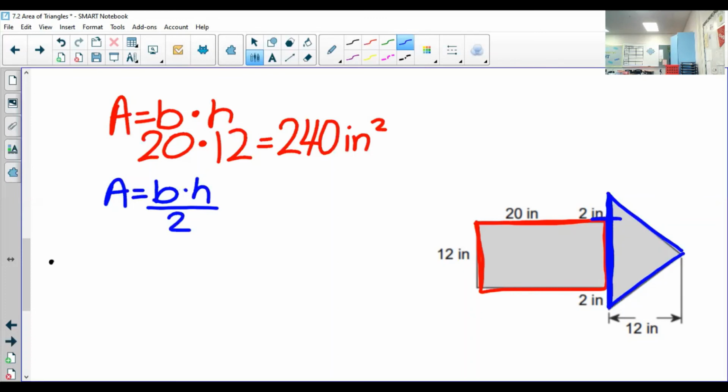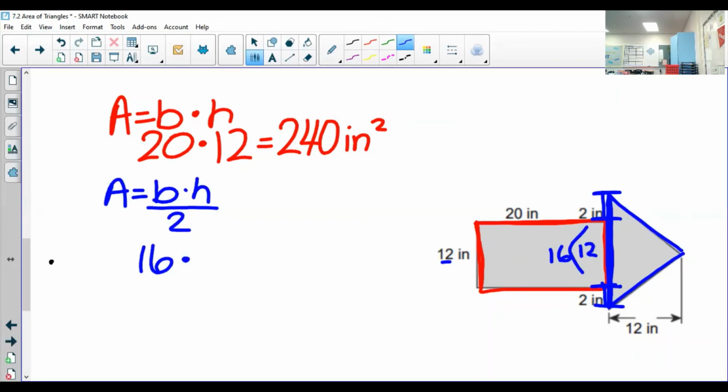I know from here to here is 12. I know this bit is 2, and I know this bit is 2. So what's 12 plus 2 plus 2? 16. So my whole base, all that combined, is 16.